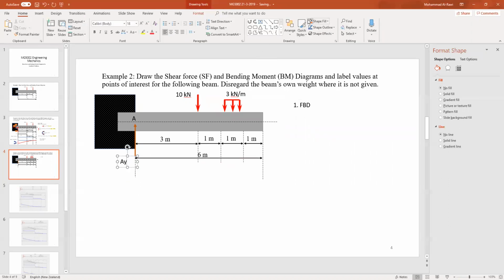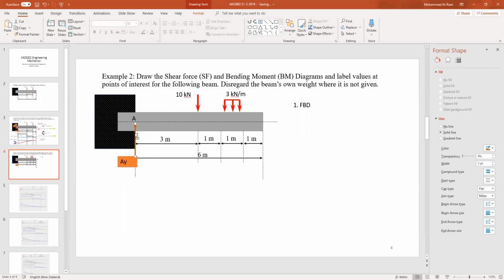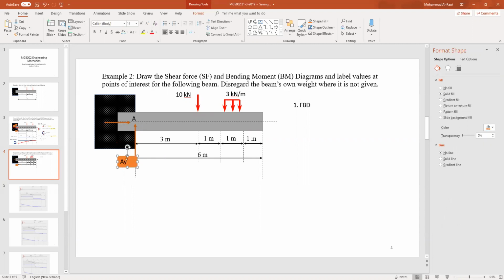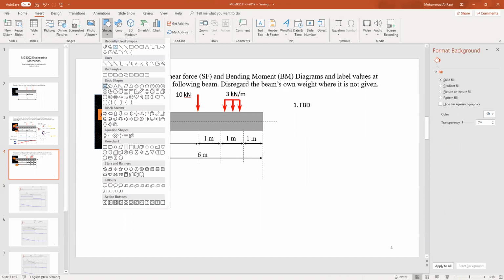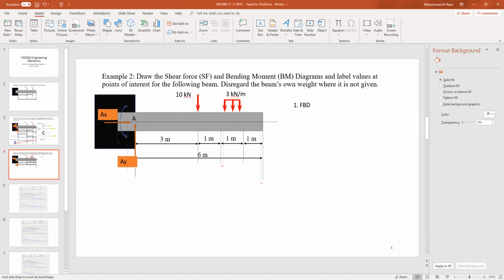And there is a force acting in the X direction, which we'll call AX. And there is a moment, which we will assume, similar to the previous example, is going anti-clockwise.